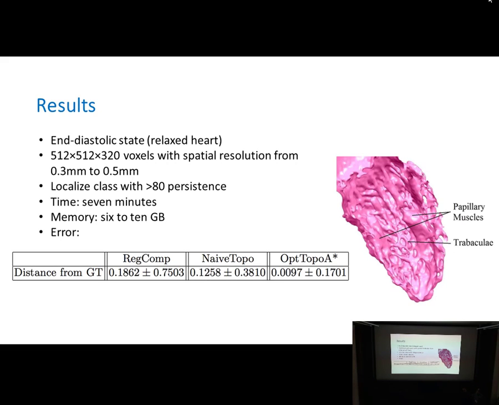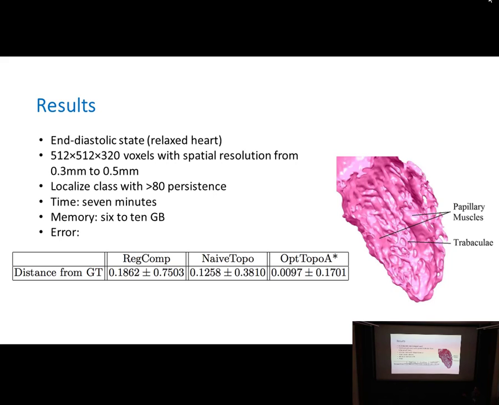These are the papillary muscles, and these are the trabeculae of the final result. Usually, we want to estimate the trabeculae when the heart is fully relaxed, because only then the trabeculations are fully stretched. If you imagine when the heart contracts, those things are touching each other. There's no way we can figure them out accurately, right? So that begs another question that I will explain a little bit later.